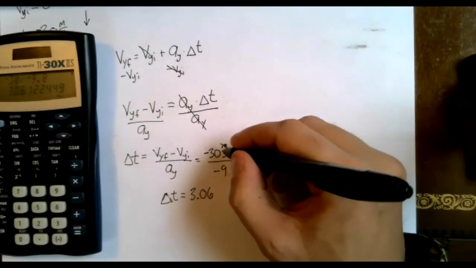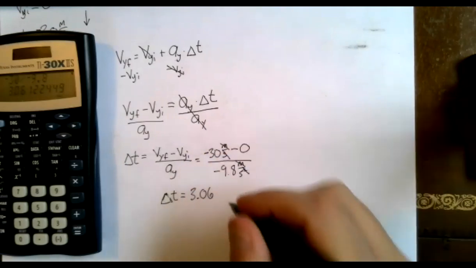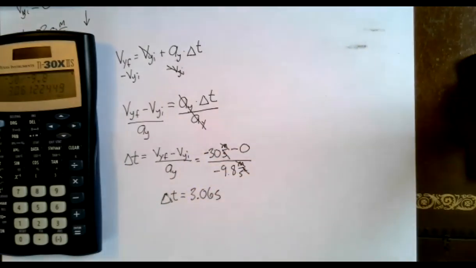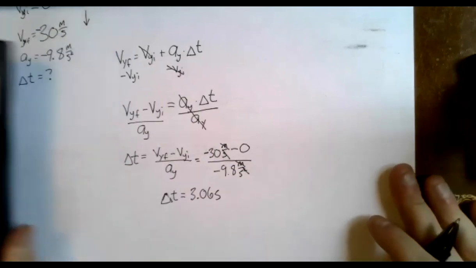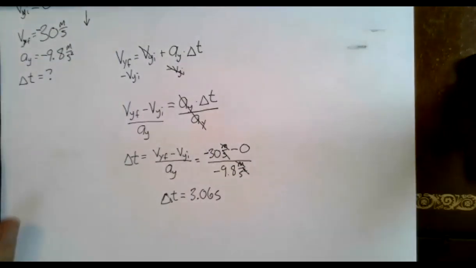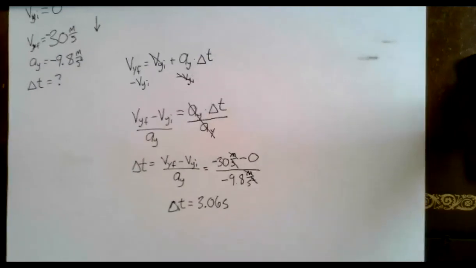So the meters cancel, one of the seconds cancels, and I'm just left with seconds. And that's what I expected since I was looking for a time. And 3 seconds for an object falling to get up to that speed seems pretty reasonable to me. So it looks like we've done it all right. Are there any questions about how we did any of these steps?